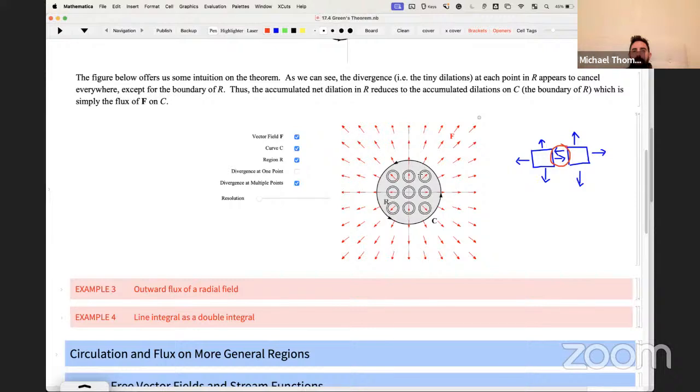So there's going to be cancellation here, here, here, anywhere two of these things are next to each other. As you draw more and more of these, everything in the middle cancels. The only thing that's left is all of these on the edge, because there's no circles on the outside to cancel with, if that makes sense.